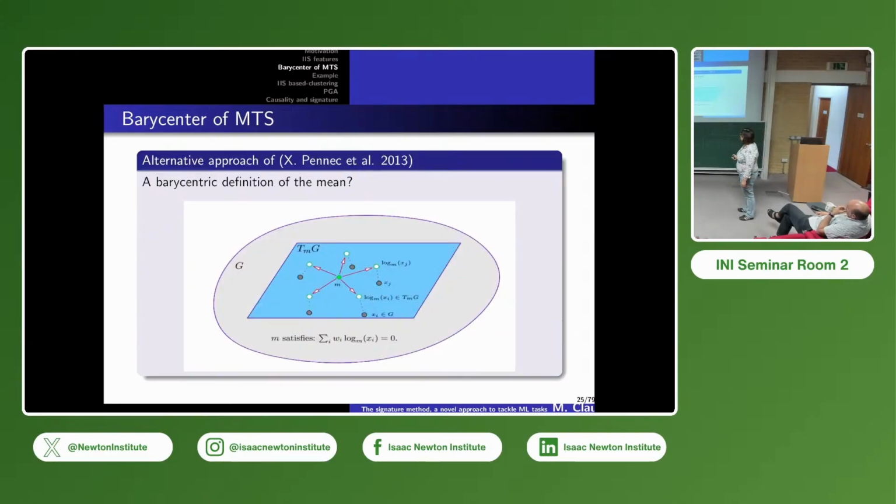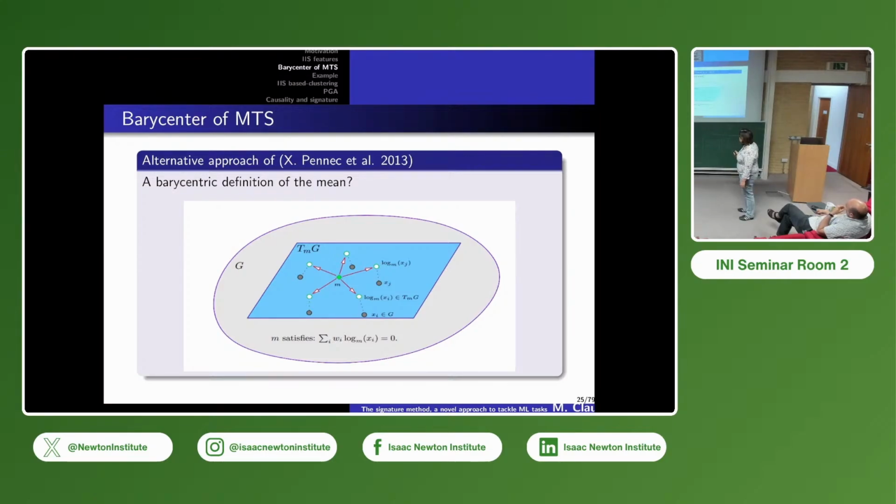So if we have a barycentric definition of the mean, we go in the tangent space, we have a barycentric definition of the mean, and thereafter we go back.